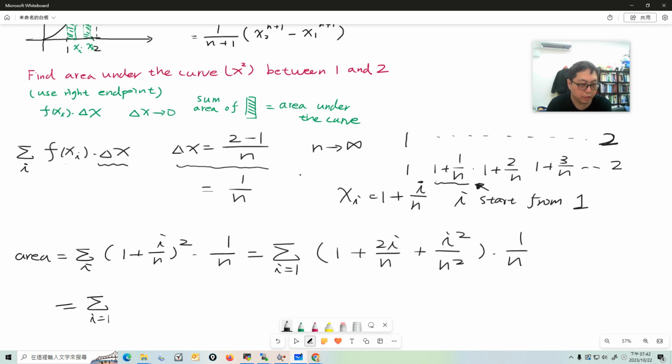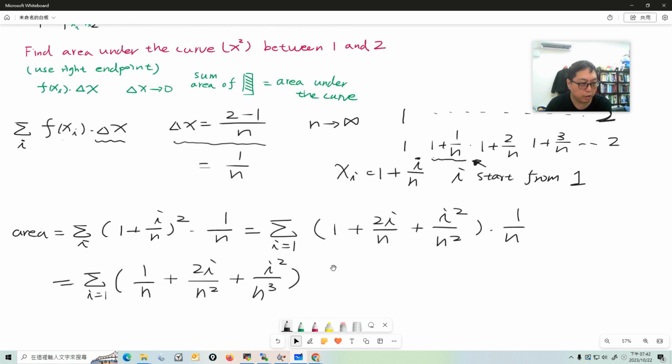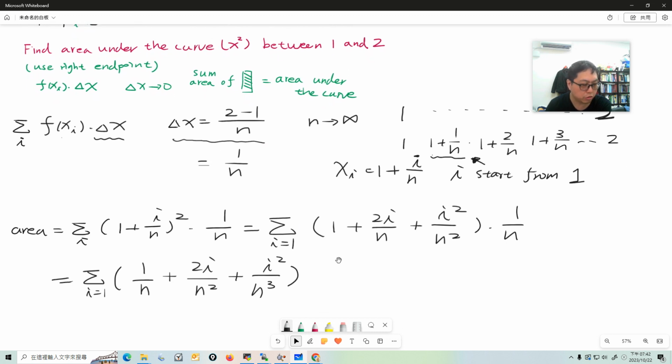Yes, we have the bottom end, but where is the upper end? Maybe we'll treat this later. So we have 1 over n plus 2i over n squared plus i squared over n cubed. Okay, I think we are going to find the answer.